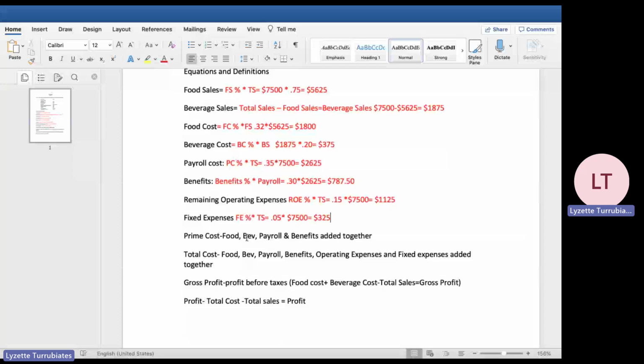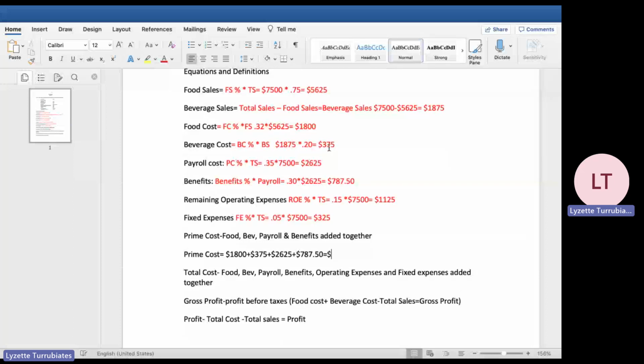And that's going to equal out to $5,587.50.